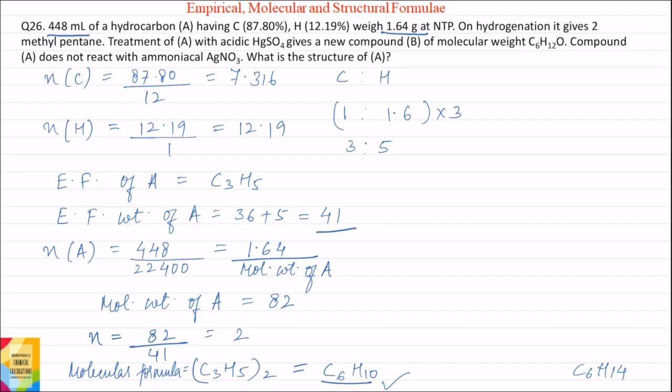Because there are 4 hydrogen atoms less, either it has 2 double bonds or it has 1 triple bond. Now the molecular formula of this compound is known: molecular formula of A is C6H10, and on hydrogenation it gives 2-methyl pentane. So hydrogenation of A gives 2-methyl pentane.